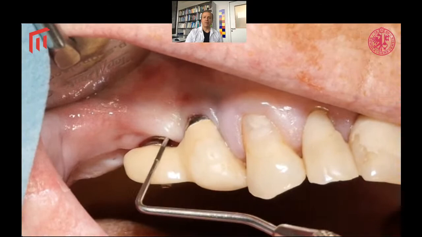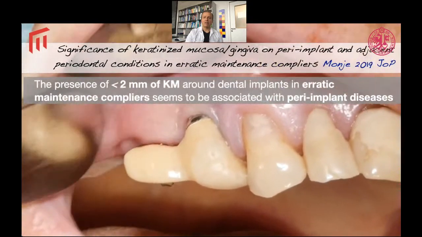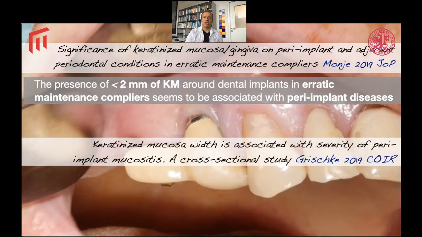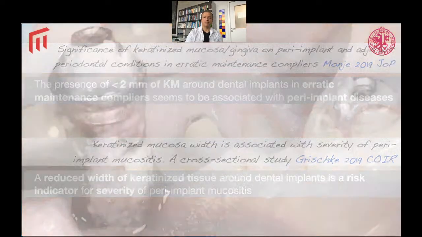In this case it's very difficult for the patient to clean, so it seems that the evidence is emerging that absence of an adequate zone of keratinized mucosa, and we usually say 2 millimeters around implants, is important, especially in erratic patients, or patients that do not come for maintenance as they should come, because it appears to be associated with peri-implant diseases, and that may make sense since we know that absence of keratinized mucosa or an adequate zone is associated with a higher risk for mucositis, and mucositis is a stage of peri-implantitis.